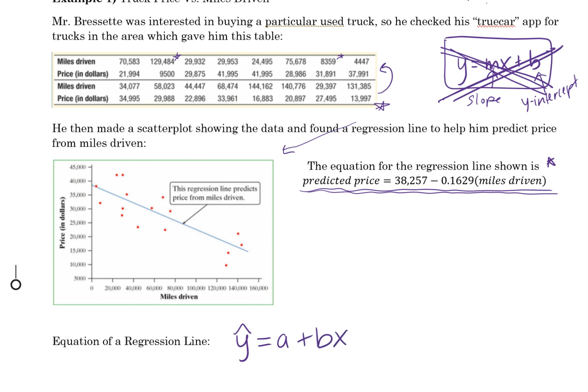Let's start with the frustrating piece of this. Back in the day, b used to be the y-intercept. But now, because it's the thing that's being multiplied with your x value, b is our slope, because stats hates you. So b is actually our slope, which means that a, you guessed it, is actually your y-intercept.